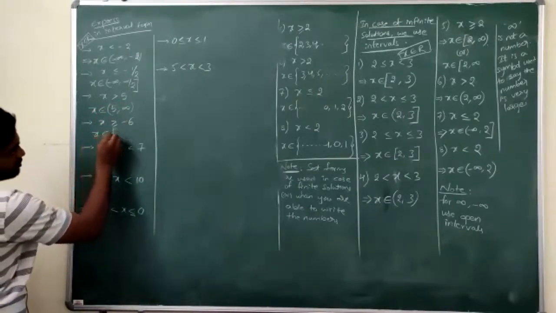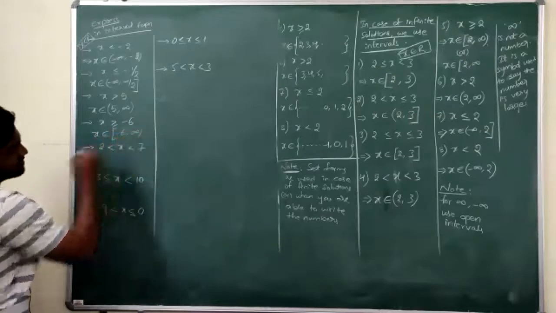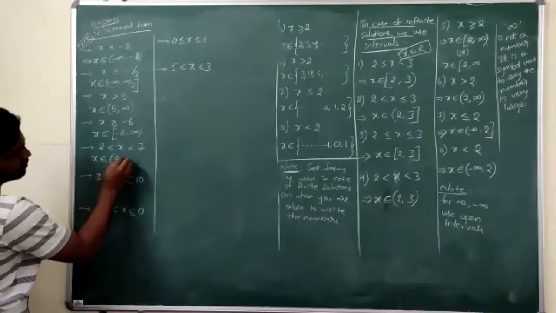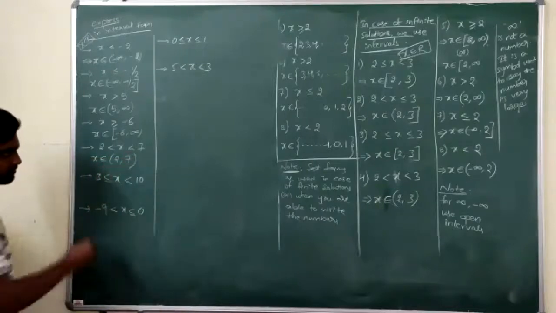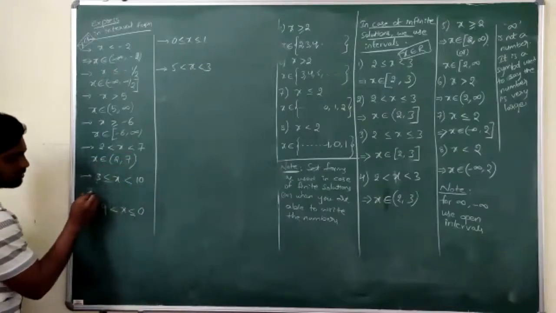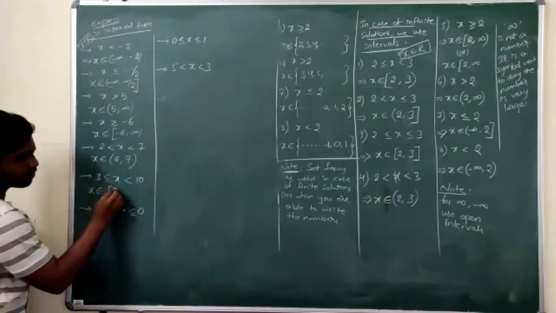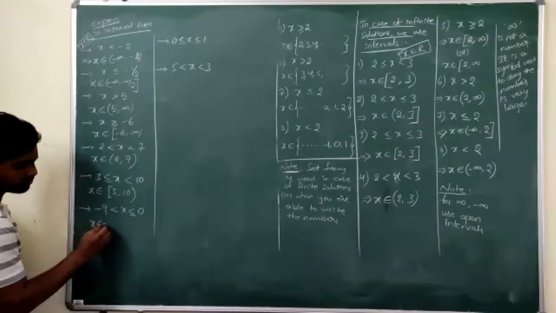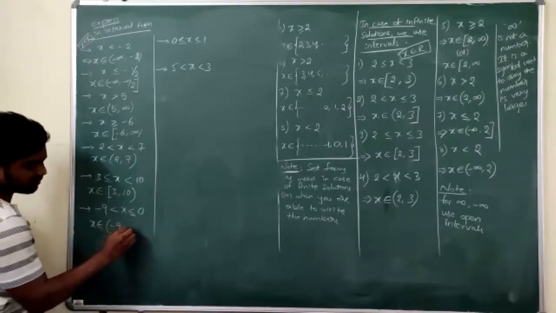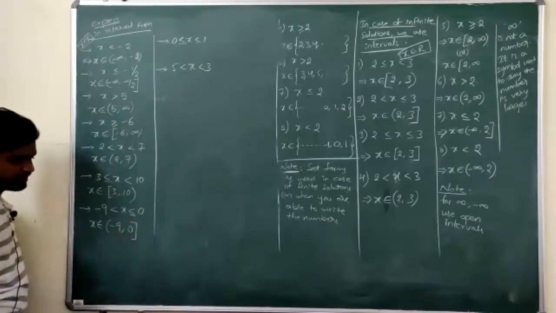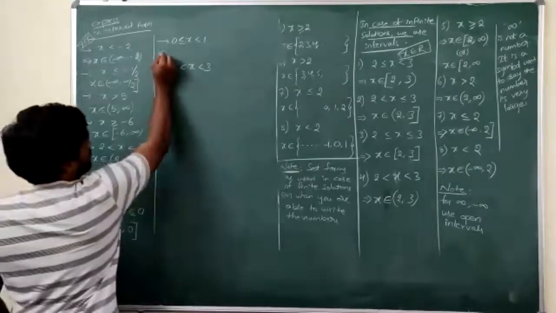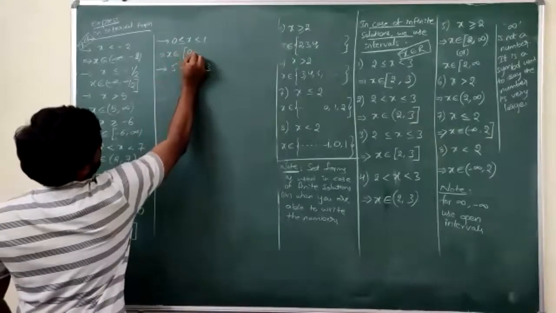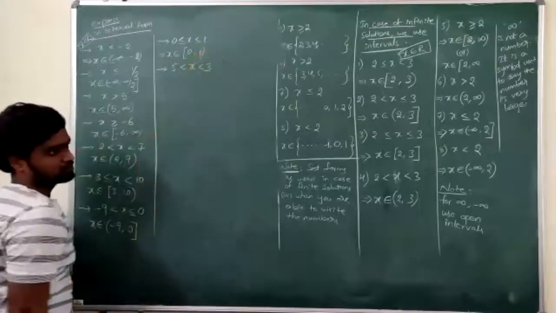X belongs to minus 6 comma infinity. Next, X belongs to 2 comma 7, open for both. X belongs to closed 3, open 10. X belongs to minus 9 comma 0, minus 9 open, 0 closed. X belongs to closed interval 0 comma open interval 1. Okay.